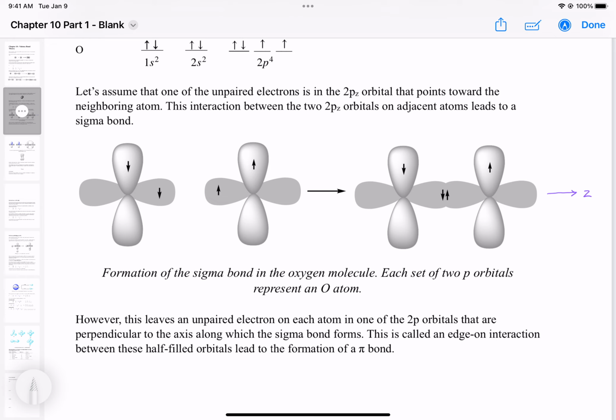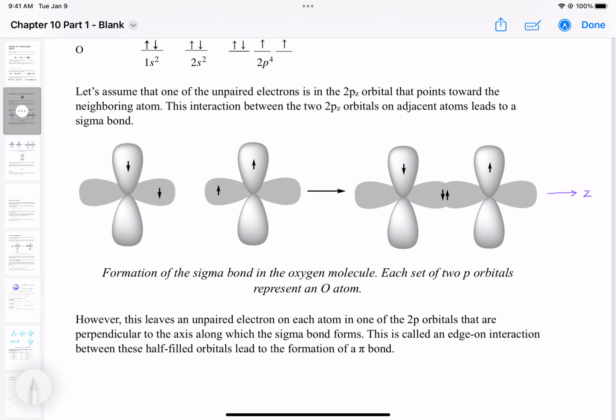And this side-by-side overlap forms an interaction that's called a pi bond. When you have p orbitals parallel to each other that are not overlapping directly, that's called indirect overlap or side-to-side overlap, and that's what gives rise to a pi bond. Pi bonds are weaker than sigma bonds, but they still attract the nuclei from two adjacent atoms.